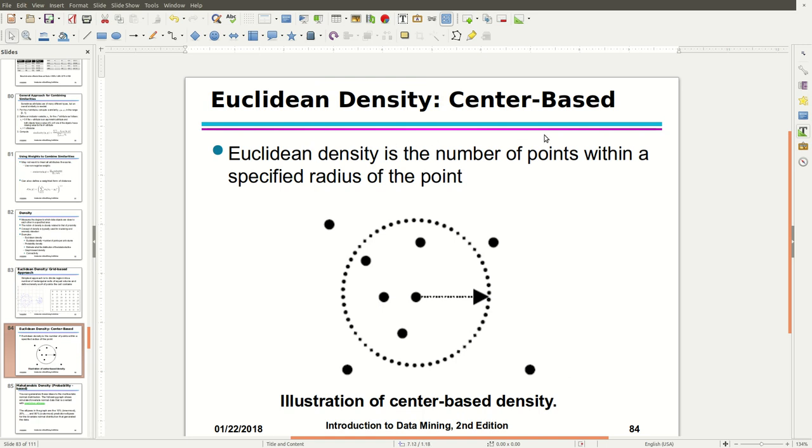Euclid density is the number of points within a specific radius of the point. So finding the center will be key here, and then coming up with a radius that will cover a set of points within that. So this is center-based Euclid distance used to identify density.